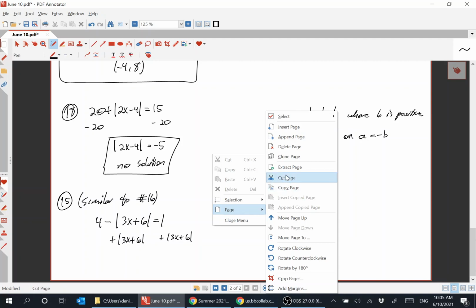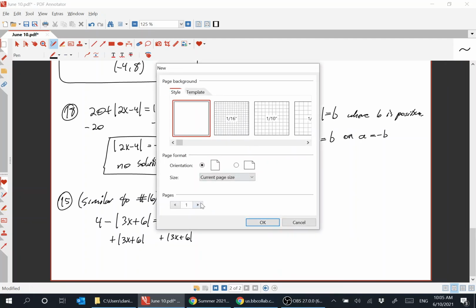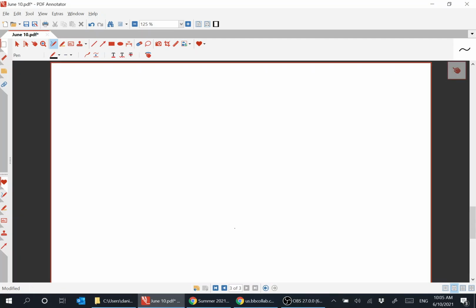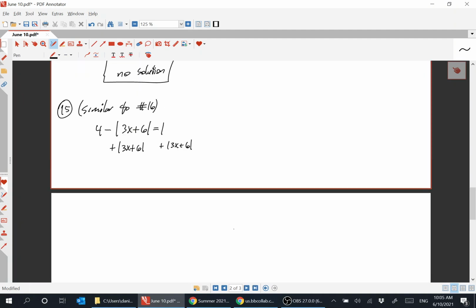You have to treat that absolute value expression as the thing you're solving for. So I want to first express the absolute value expression on its own on one side of the equation. This leaves me with 4 equals 1 plus absolute 3x plus 6. Now I can subtract 1 from each side, so 3 is equal to absolute 3x plus 6.